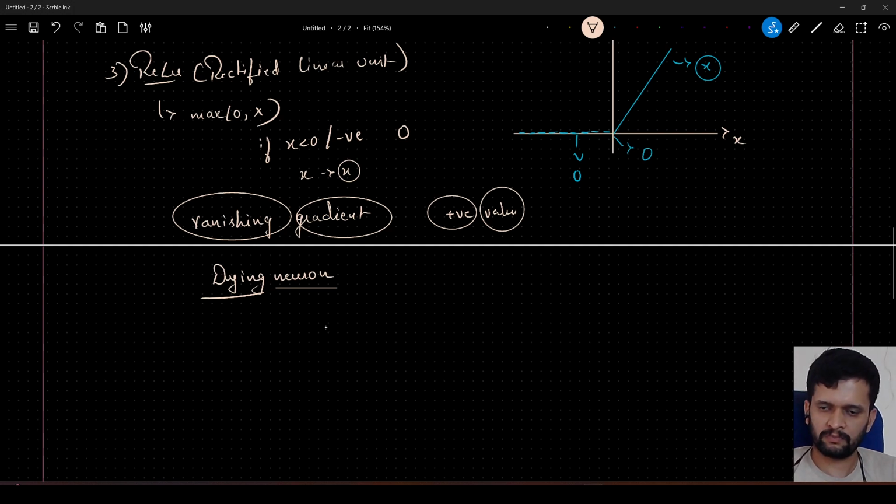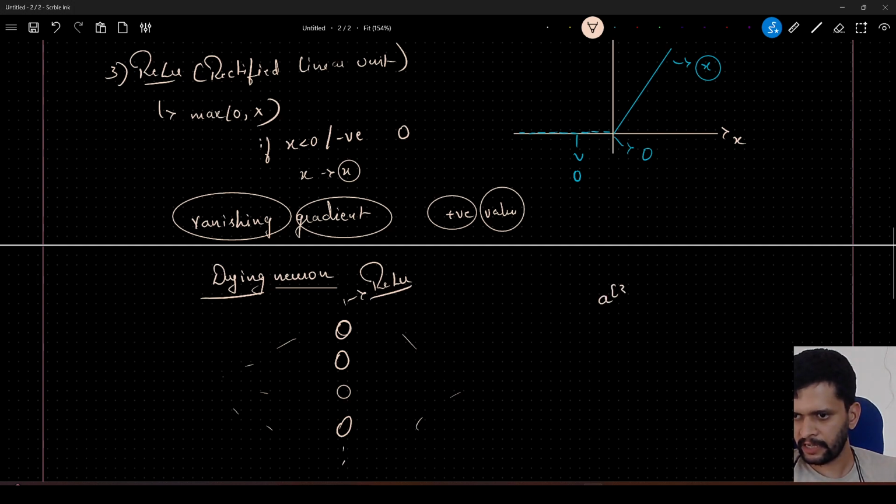Let's say we have a hidden layer and multiple other layers, these are the neurons, and in this layer we have the ReLU activation function applied. What happens if the inputs are negative? Let's take A3. How do we calculate A3? In this case we apply ReLU to W3 times A2, plus B3.